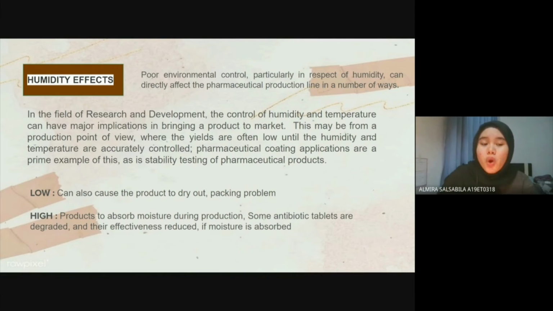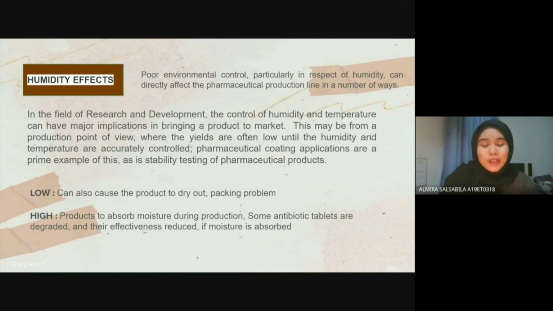This is maybe from a production point of view, where the yields are often low until the humidity and temperature are under control. So this really needs special control to make the pharmaceuticals stable and of good value when sold on the market.